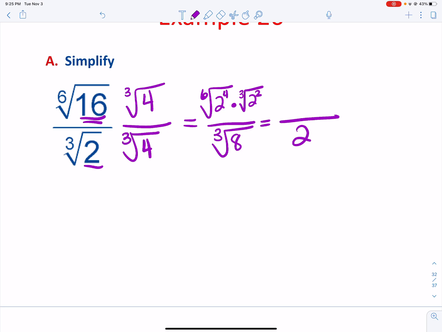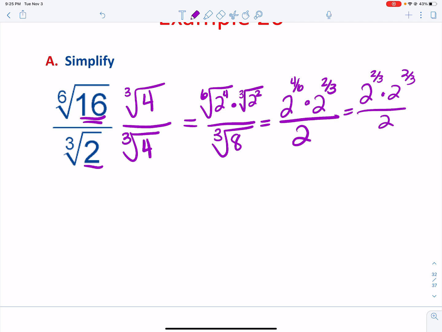So wouldn't this be 2 to the 4/6 times 2 to the 2/3, right? And so when I do that problem, wouldn't I be able to reduce the 2 to the 2/6 to 2/3?